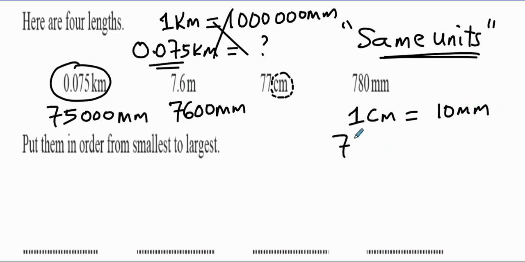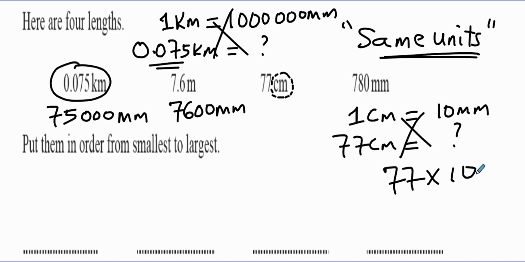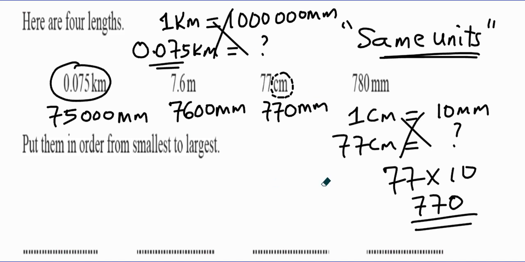How about 77 centimeters will be equal to how many millimeters? Cross multiply. This will be 77 multiplied by 10. Put the digits next to each other. You get 770. These are millimeters. You can pause the video and take notes.